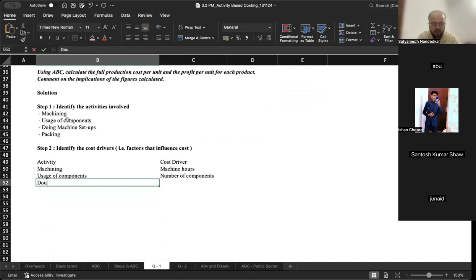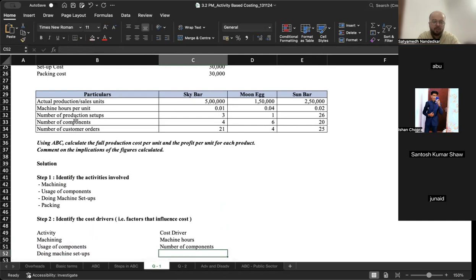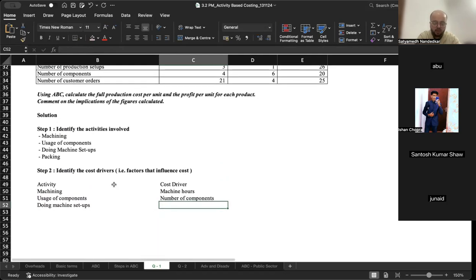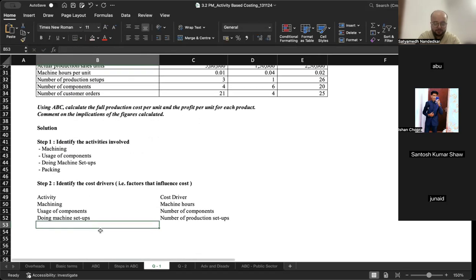Then activity is doing machine setups. Machine setups will depend upon the number of production setups. So cost driver is number of production setups.